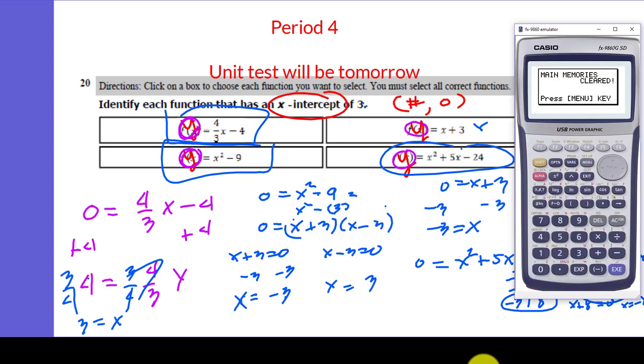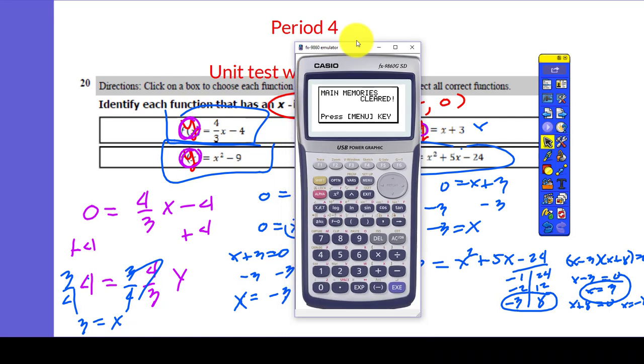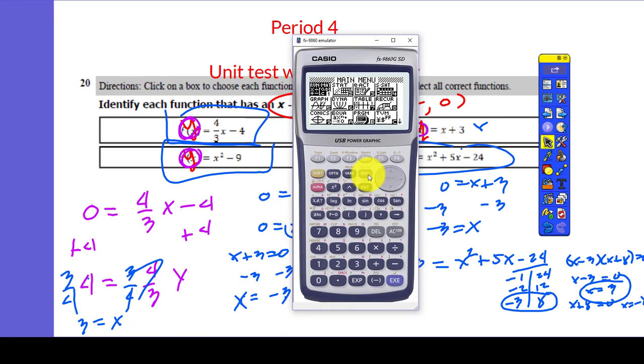Alright, so let's use our calculator to check our answer. For the first one, where should we go again? So menu, we go to graph, and then just type in x minus 4, okay? And from here, you just have to graph this one, so EXE, then you draw.